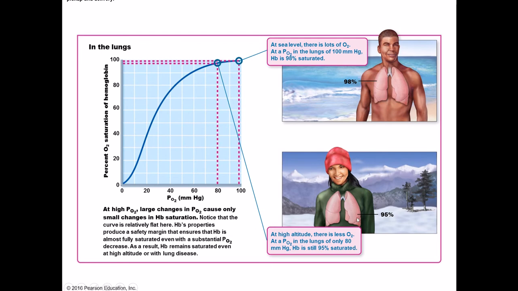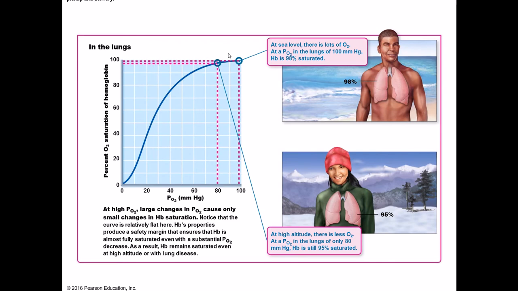But if we go up the Rocky Mountains at a high altitude, there's less oxygen available. The air is harder to breathe. But because of hemoglobin's very wonderful affinity for oxygen, if you look at the saturation, you're still almost fully saturated. Even if we go to higher altitudes, our hemoglobin molecule works so well that we still don't really lose a lot of our affinity between hemoglobin and oxygen.